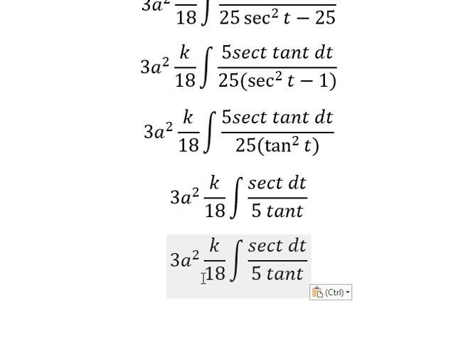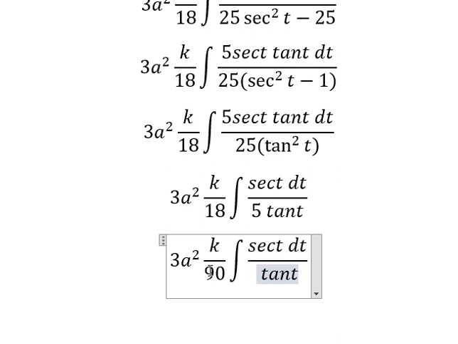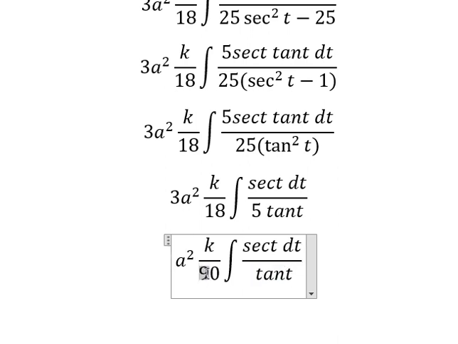So number 5 with number 18, we have 90. Number 3 divided by number 90, we have 30 in here after we simplify.